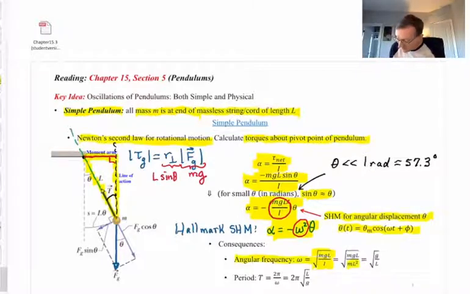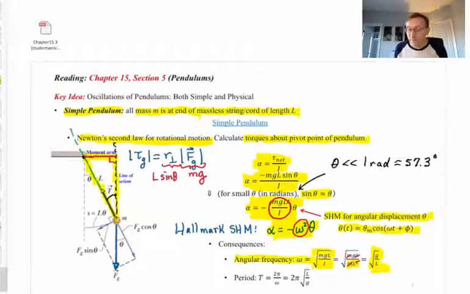Then a pretty amazing thing happens. The factors of m cancel, and one factor of L cancels. And I get a very simple formula for the angular frequency of the simple pendulum. Square root of g over L. The m is gone. The angular frequency doesn't depend on the mass of the bob. It depends on only two things. What's the value of little g, where your pendulum is, and how long is the string?